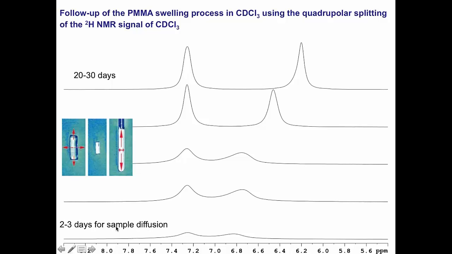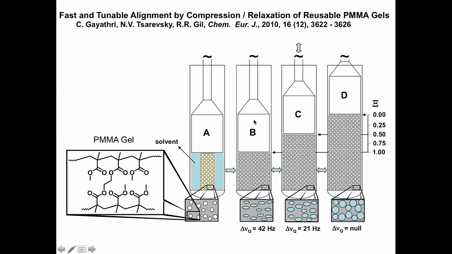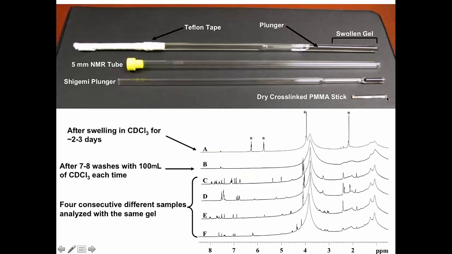So this is when we came with the idea of using a Shigemi plunger and a gel stick that is 25 millimeters long, 2 millimeters in diameter, and then you put it inside and you swell. This is the case in which it swells, you can compress any degree, and then you can tune the alignment.